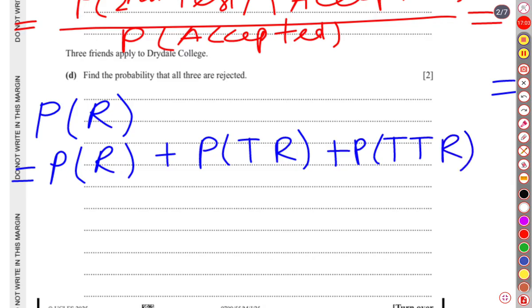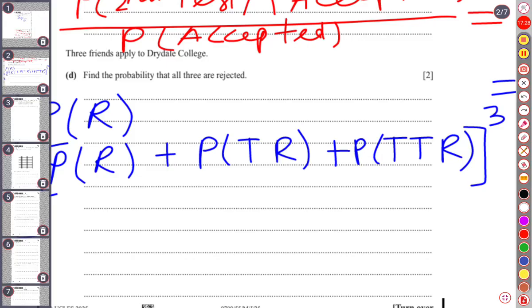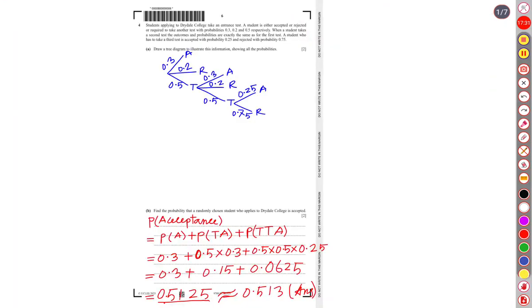This is the probability of being rejected for one student. Okay, this is for only one student, but as there are three students, three times it will be just q. Okay, so let us see what the rejection of the first case was. For rejection in the first case, it was 0.2, isn't it?